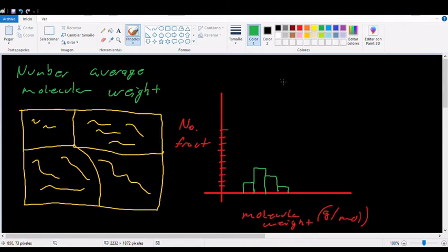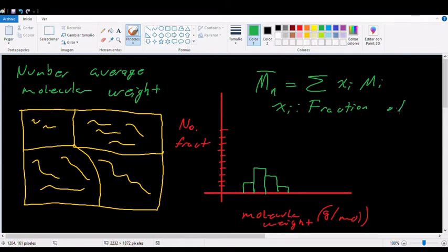So what we do is we use this equation. So this x sub i is the fraction of molecules in the sample, right?